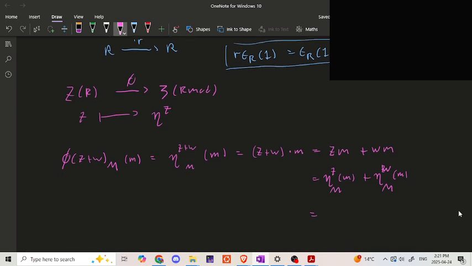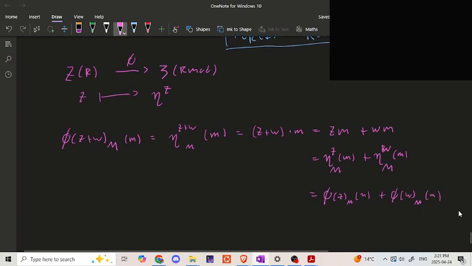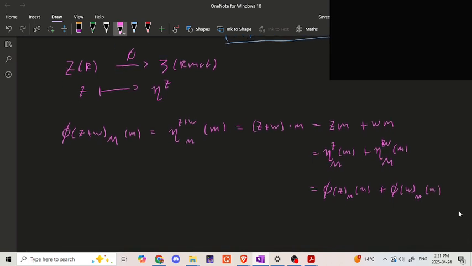That is, of course, phi of z at m acting on m plus phi of w at m acting on little m. And so we can conclude, hence, we've checked it on every test object, so phi of z plus w is phi of z plus phi of w.